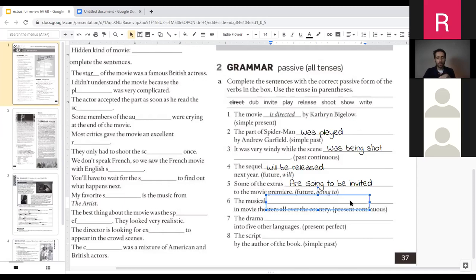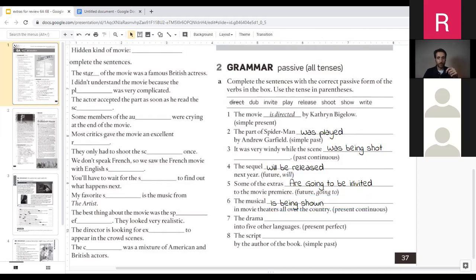Similar to the one about the car and the repair. Is being showed. Exactly. Is being shown, because it's also irregular. The musical is being shown in movie theaters all over the country. Make sense?